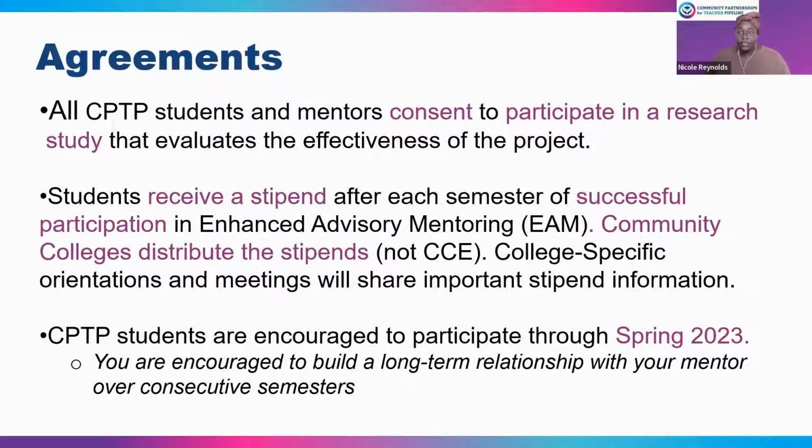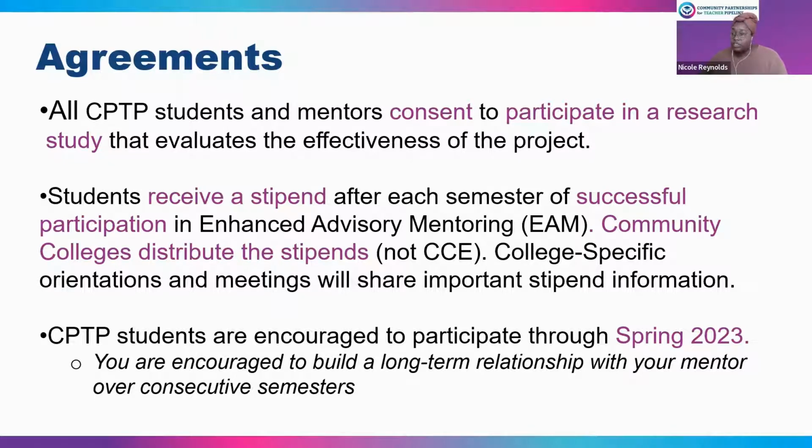But first, we're going to go over some of the agreements. In order to participate in CPTP, this is basically what you are agreeing to. You consent and understand that you are participating in a research study that's not necessarily looking at you, but more so the effectiveness of our project as a whole. By completing those 30 hours successfully at the end of each semester, you will receive a stipend for participating.